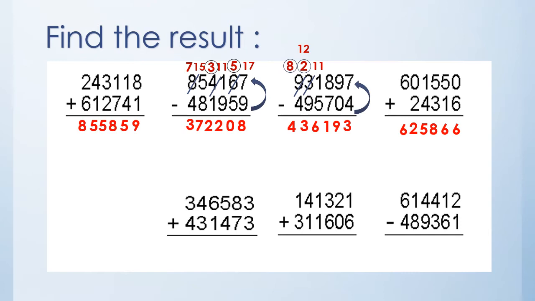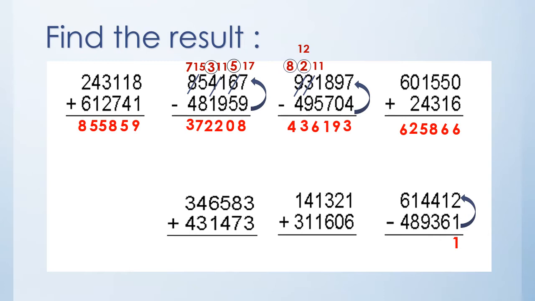The fifth problem, 614,412 minus 489,361. Look at the sign. We will make minus. And don't forget, start with ones and we count from down to up. 2 minus 1 equals 1. 1 minus 6, can I count from 6 to reach 1?